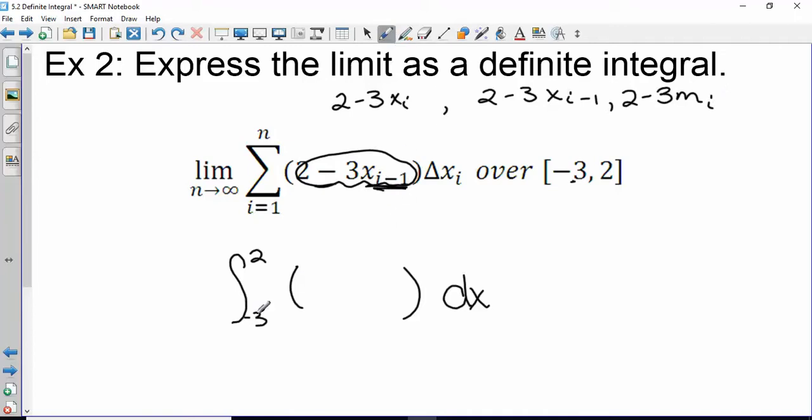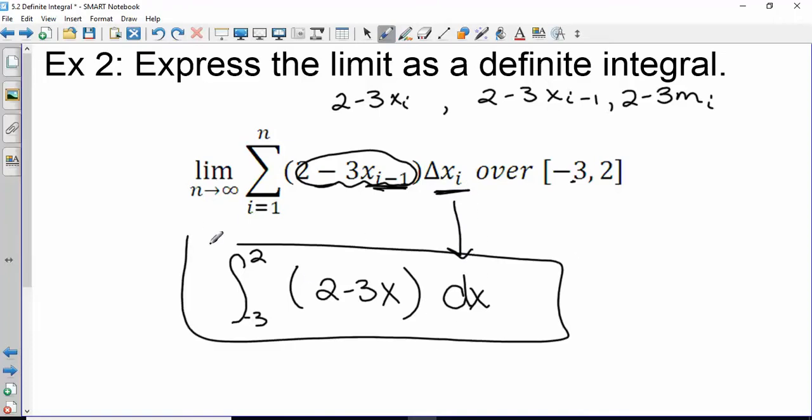This x thing, I don't care what the subscript is. Those i's, that's referring to if you're doing a left hand, a right hand, or in a minute we're going to talk about a midpoint sum. It doesn't matter. When you write the integral, all of those just turn back into an x. So it's just 2 minus 3x. And then that change in x just represents your dx. So here's our integral. The integral from negative 3 to 2 of 2 minus 3x dx.